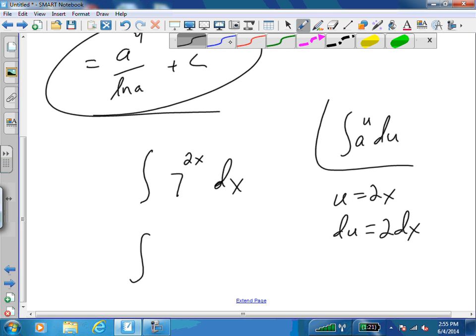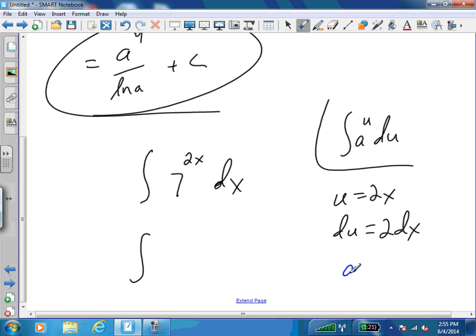So if we want to make a couple notes, our a is that base. Our u is 2x, that's our du. So we have a to the u. We need du, so what are we missing to get our dx? 2, so if I put a 2 here, what else do I need? 1/2 out front.